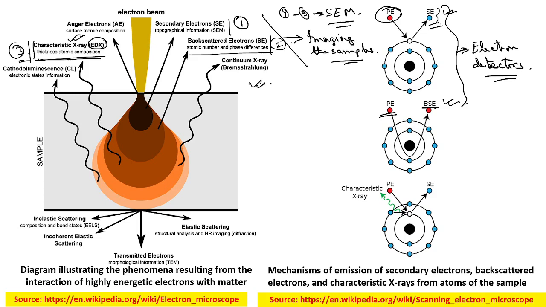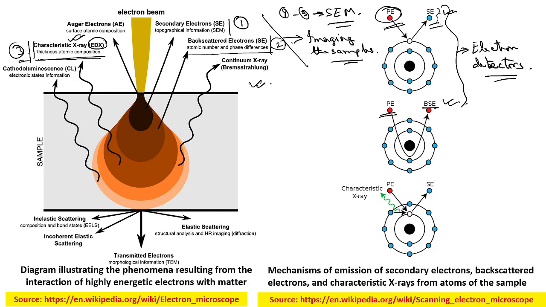Based on energy, how? Which one will have high energy? No, it is the other way around. See, here your PE is coming, interacting, and knocking out this electron from here. So the majority of the energy would be needed over here to knock it out from the orbital system.